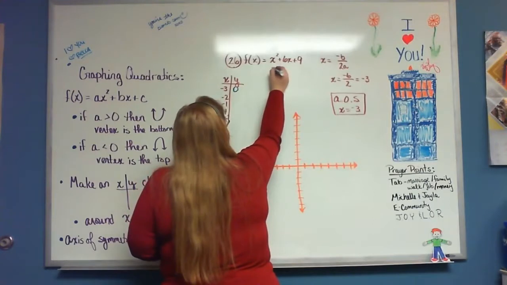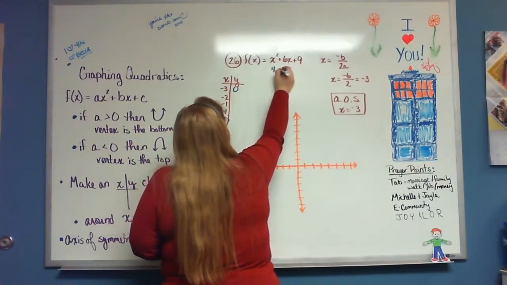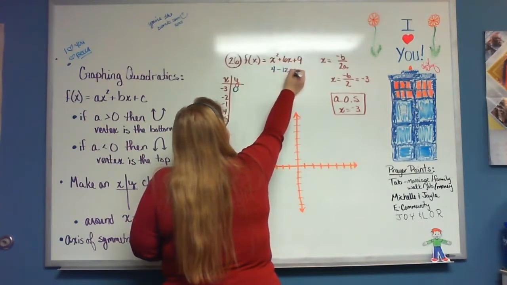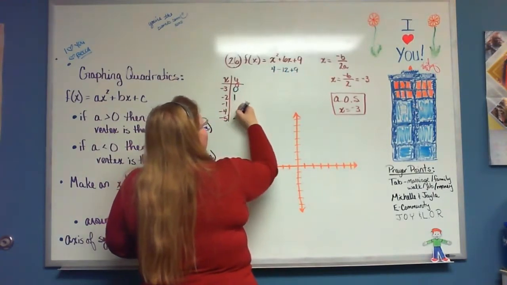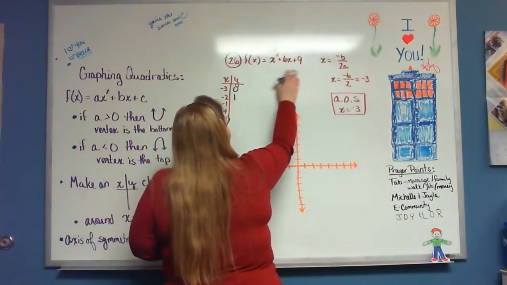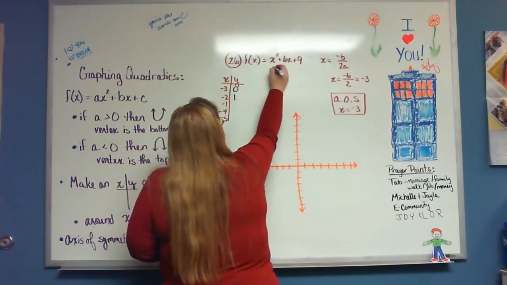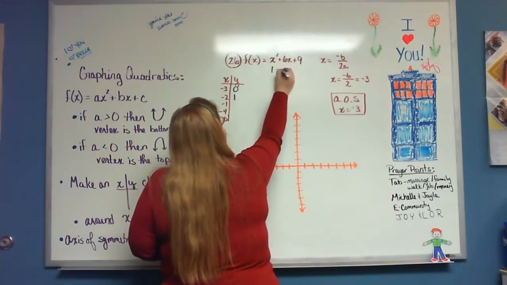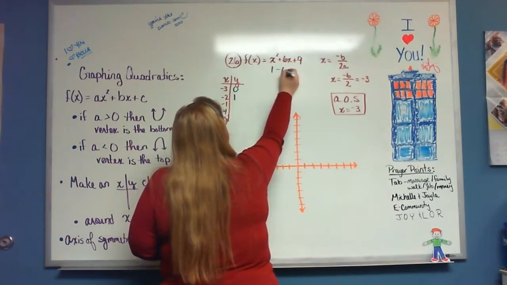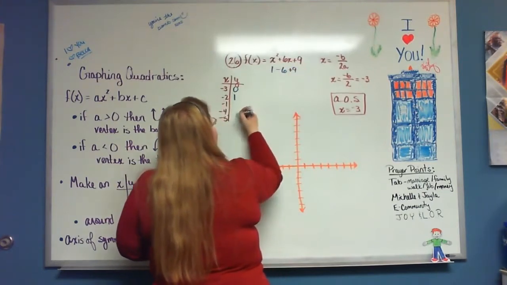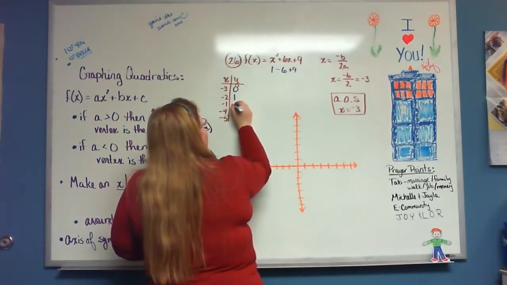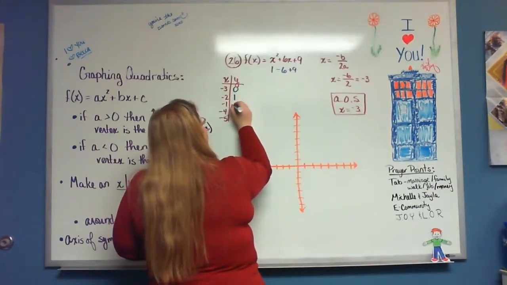Negative 2 squared is a positive 4, plus 6 times negative 2, that's negative 12, plus 9 gives us 1. Negative 1 squared is 1, plus 6 times negative 1 is negative 6, plus 9 gives us 4.